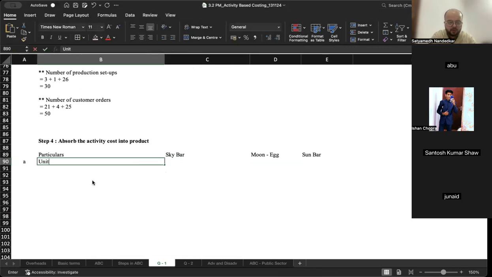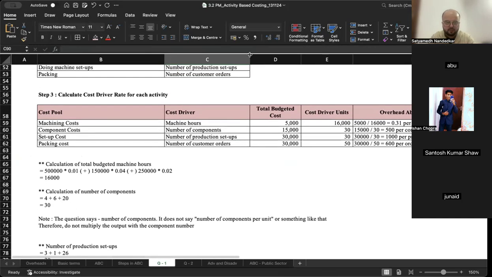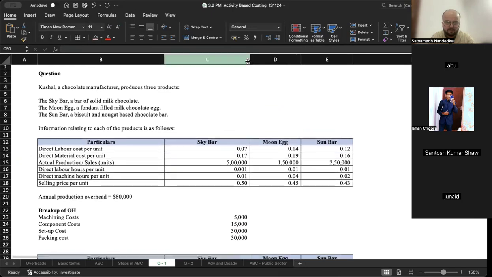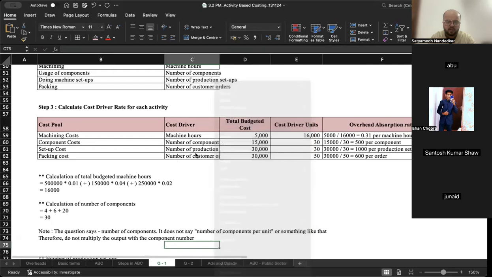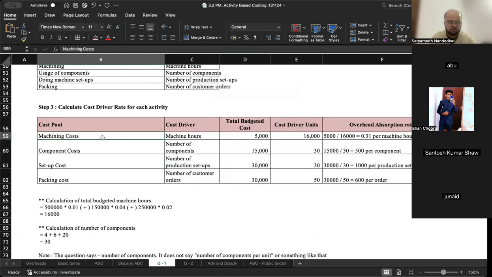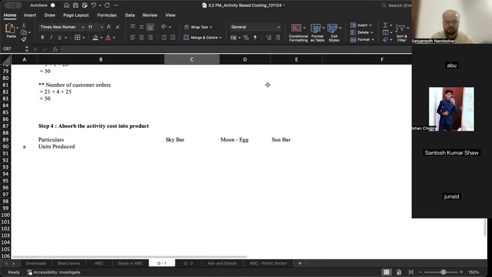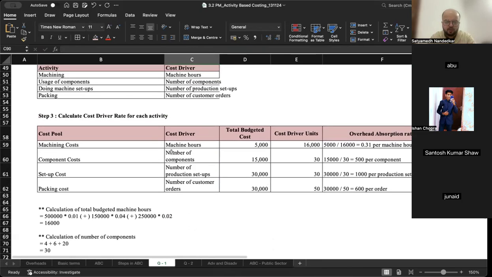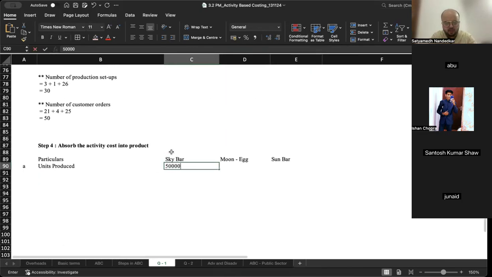A, units produced. Now it's better. So what are the units produced? 5 lakh, 1 lakh 50,000, 2 lakh 50,000.